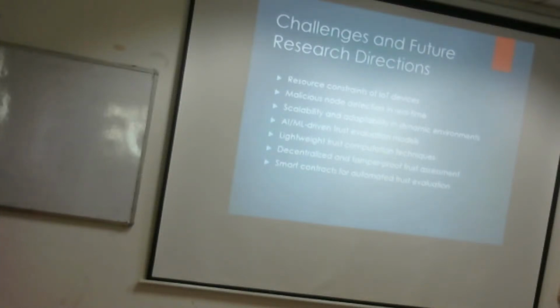So there, if there are any nodes which can be tampered with or captured, that is also an area of research where we can work to prevent node capture in the IoT network. Then smart contracts for automated trust evaluation in the IoT network is also one of the future directions in which we can go for further research.